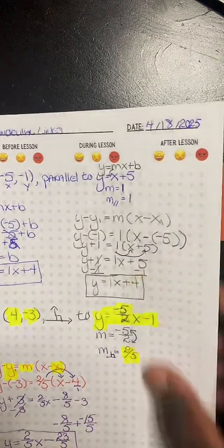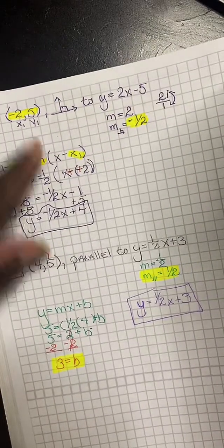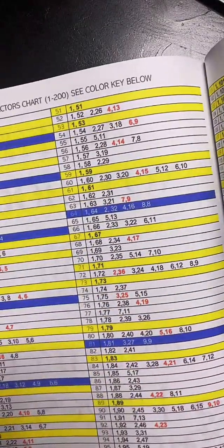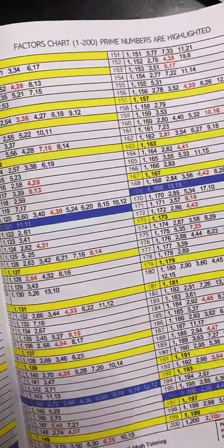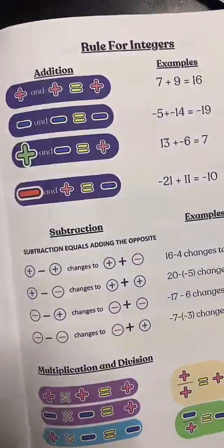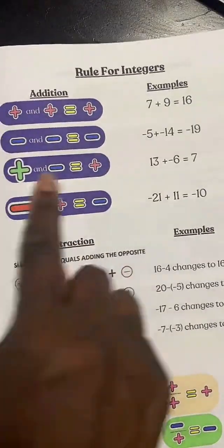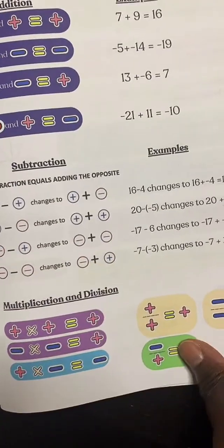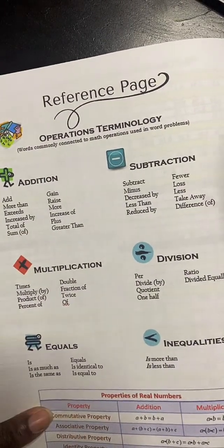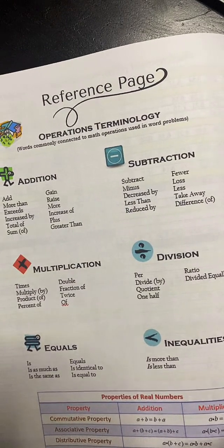All right. In addition to all the notes, because we also have another side as well for the grid, we also, which you guys have seen, there is a factor chart, and it goes not from 1 to 100, but it goes to 200. Look at all those factors and lovely numbers, as well as the rules of integers: addition, subtraction, multiplication, division, taking a look at the certain terms for word problems to help you to change it from a verbal expression to an algebraic expression.